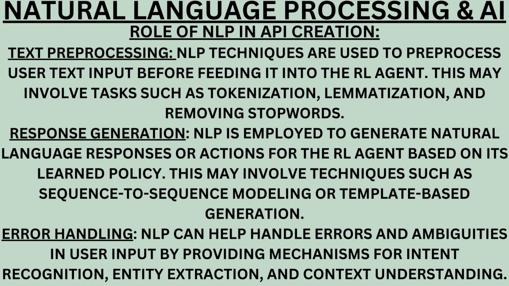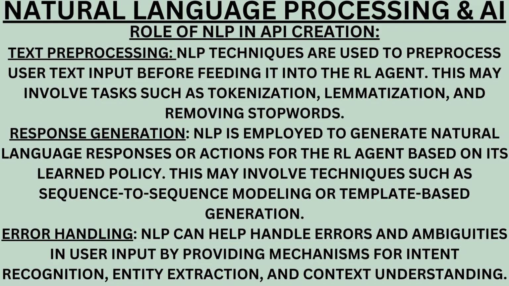Text pre-processing. Natural language processing techniques are used to pre-process user text input before feeding it into the reinforcement learning agent. This may involve tasks such as tokenization, lemmatization, and removing stop words. Response generation. NLP is employed to generate natural language responses or actions for the reinforcement learning agent based on its learned policy.